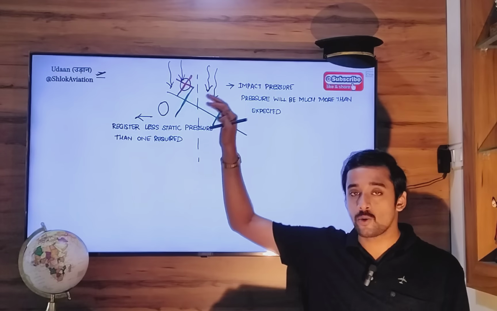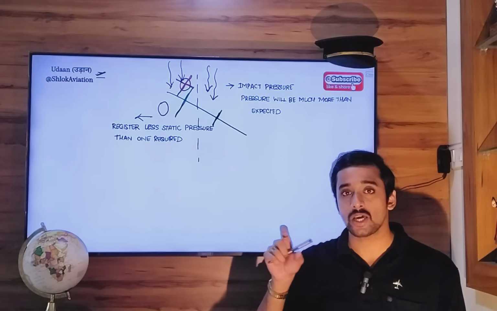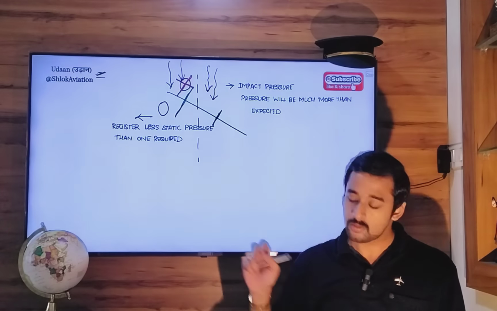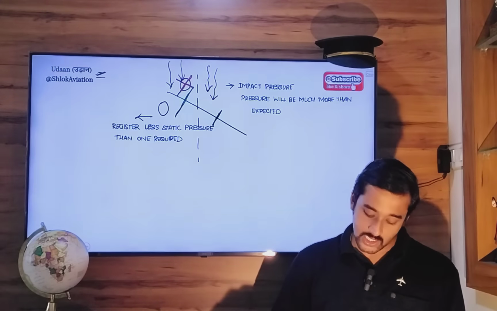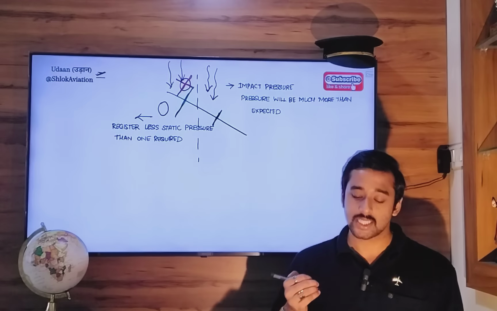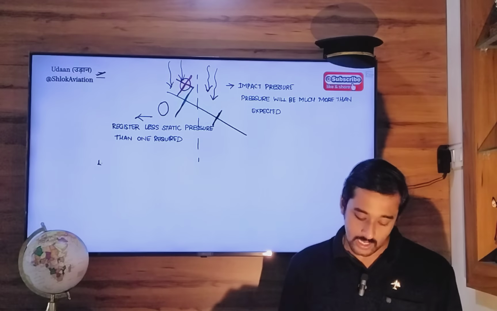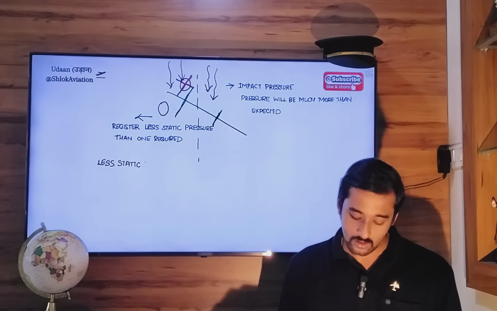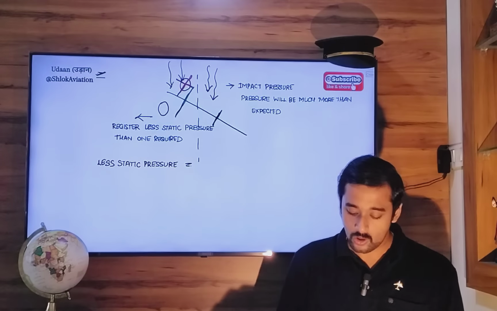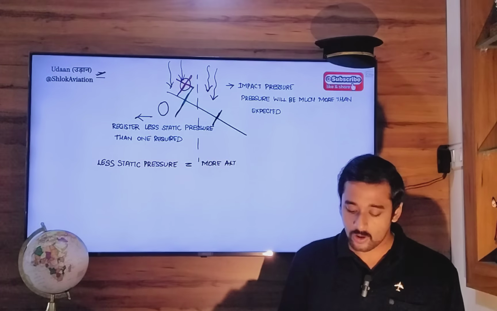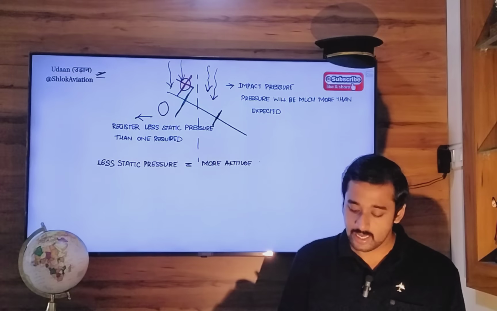That means your altimeter will get static pressure information directly from only the left static port. Now the left static port has registered less static pressure. So less static pressure will translate into more altitude information, or higher altitude indication.